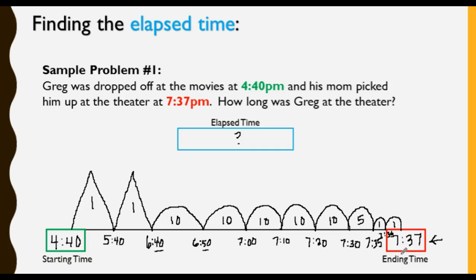Okay, so now what I'm going to do here is I'm going to erase this question mark and I'm going to start counting what I've written. So I have 2 mountains, so that means 2 hours.